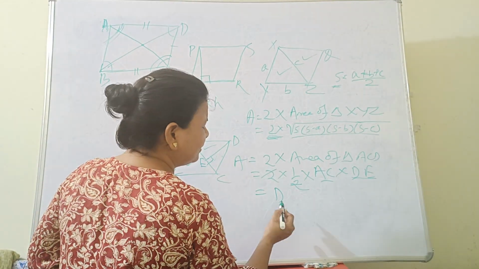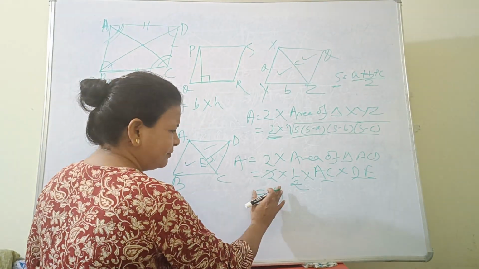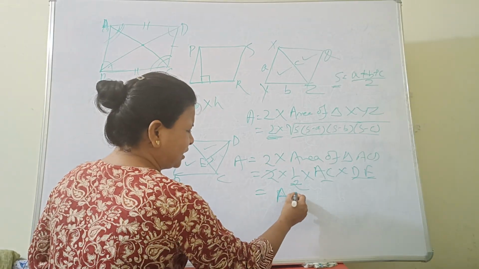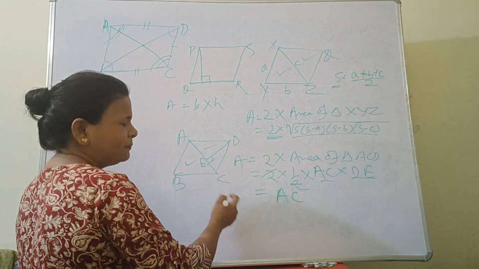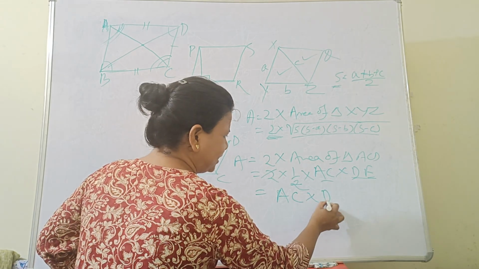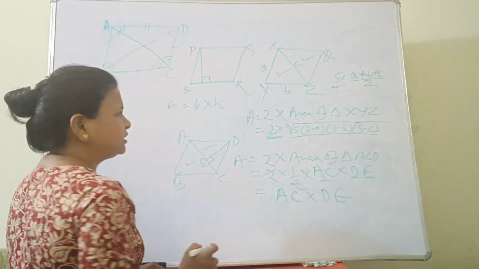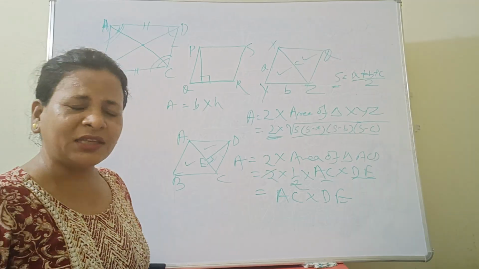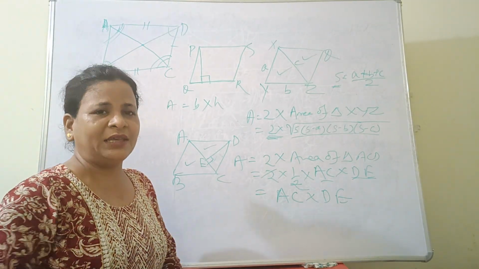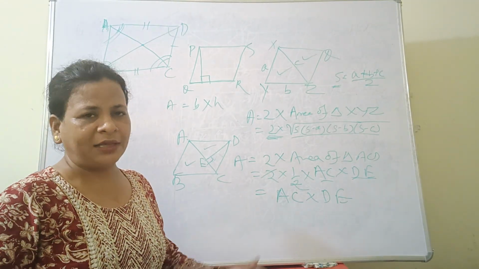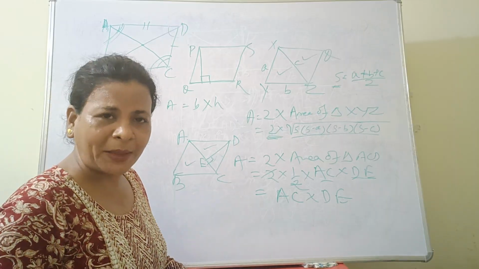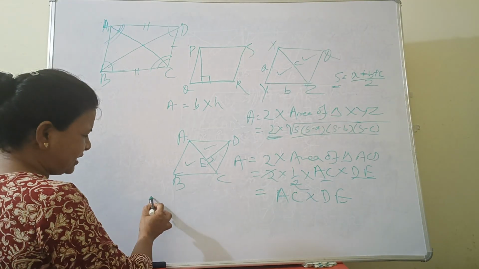That's why we can directly write AC, the diagonal, into DE, the perpendicular to it. So in such cases, you can easily find out the area of a parallelogram. One more case is there.